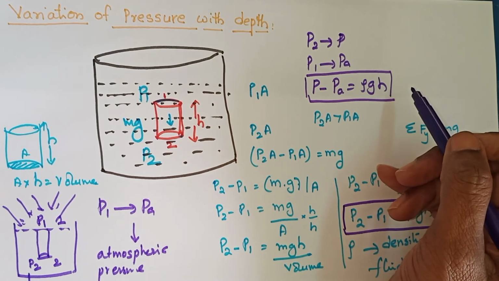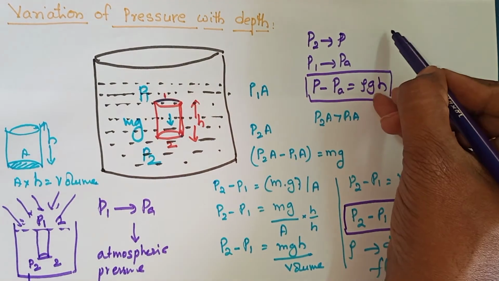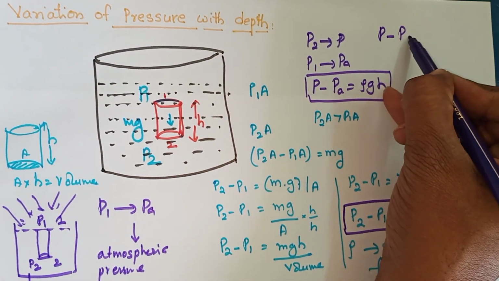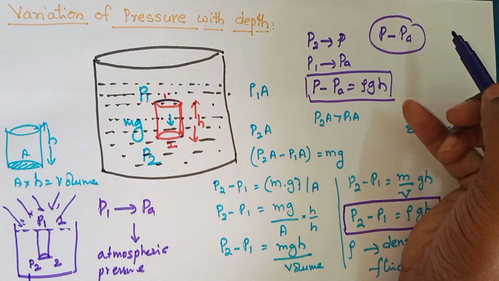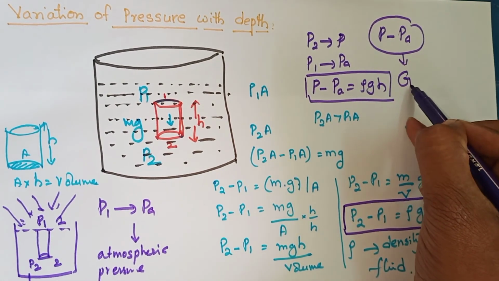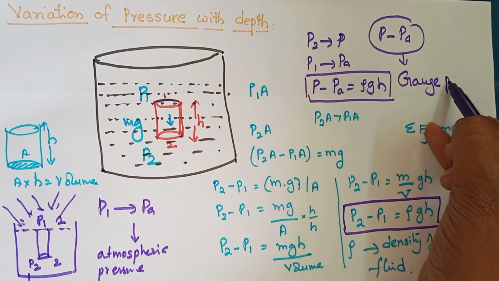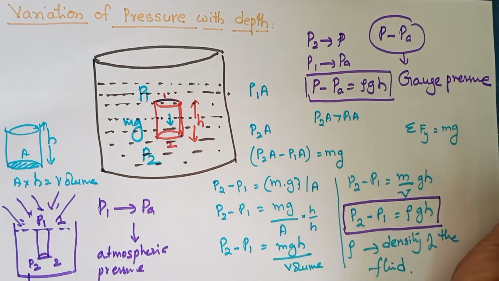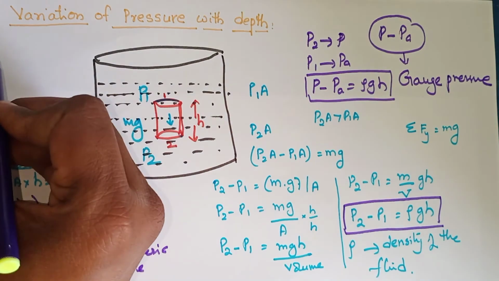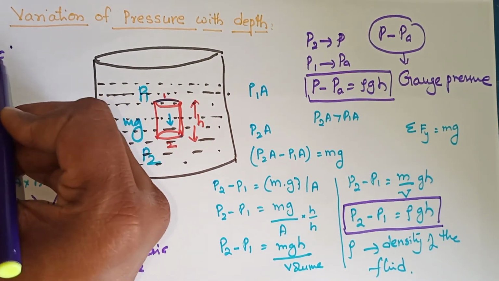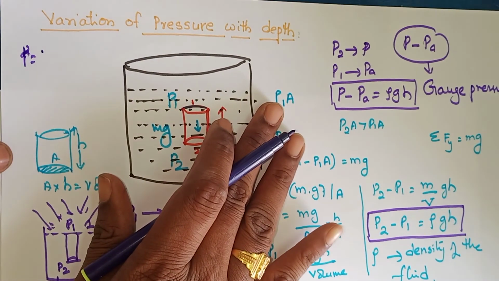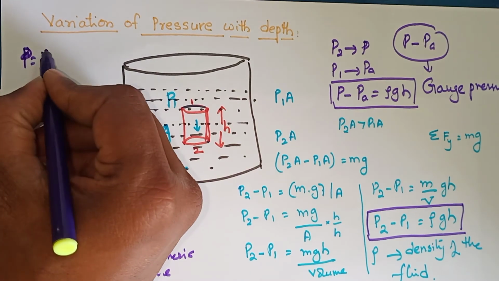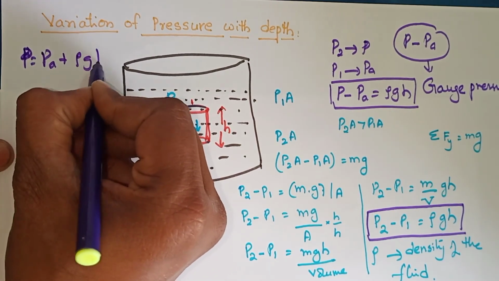This difference of pressure to atmospheric pressure, P minus PA, is called the gauge pressure. Now the total pressure P is equal to PA plus rho gh.